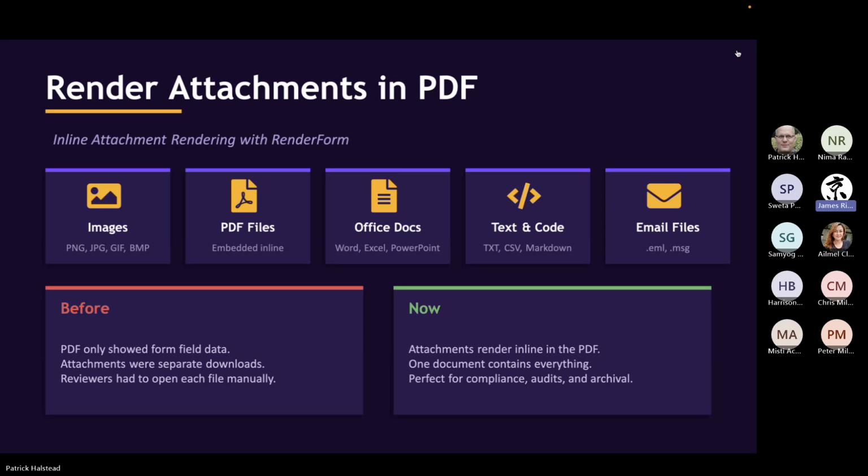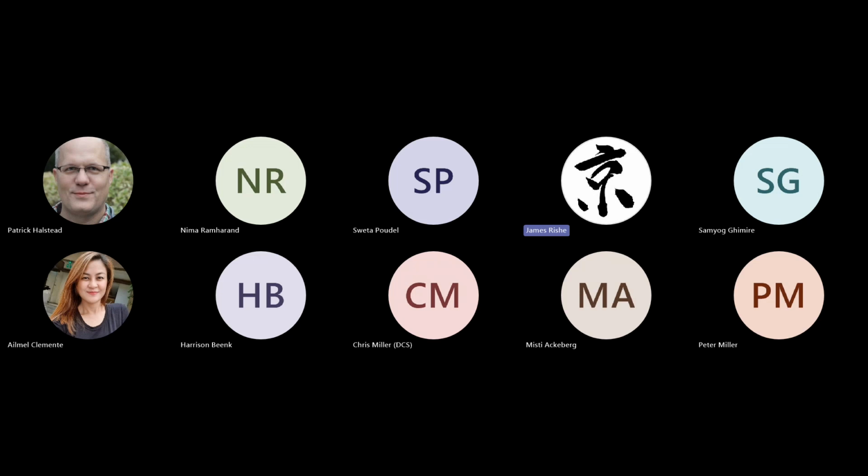They had a form where people send letters of resignation, and they wanted to include those inline with the rendered form. So we implemented that, and now we have support for a wide array of different attachment types. It's pretty cool. So I'm just going to show that off here.